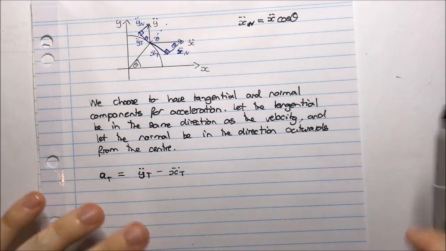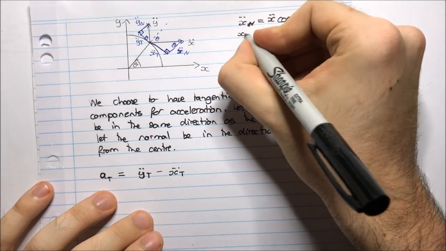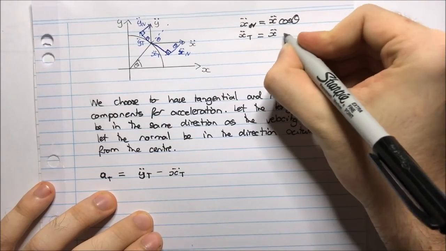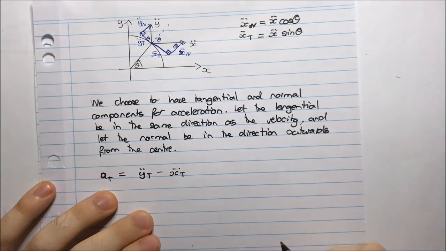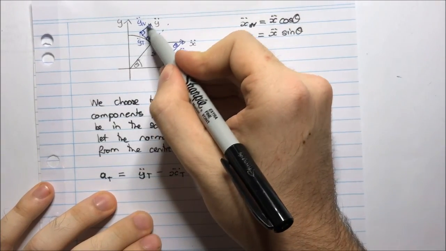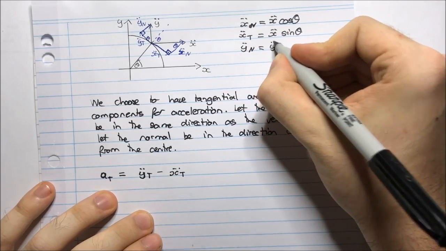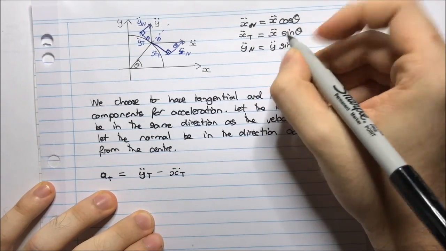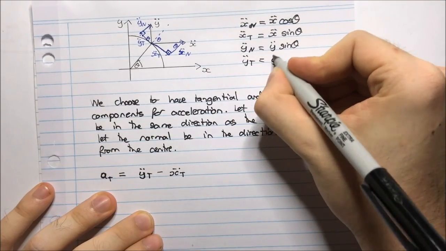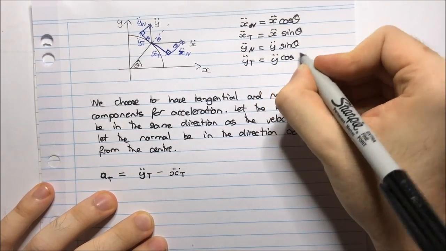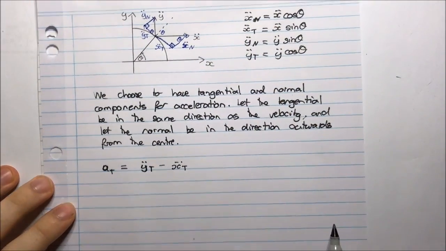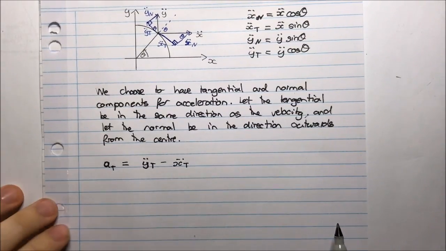Okay, so x double dot cos theta, x double dot in the tangential direction is going to be x double dot sine theta, and for y double dot in the normal direction is this one, so this is going to be y double dot sine theta, because it's opposite over hypotenuse, and the tangential will be y double dot cos theta. Okay, now I'm going to use these when I'm working out my acceleration in the tangential direction.